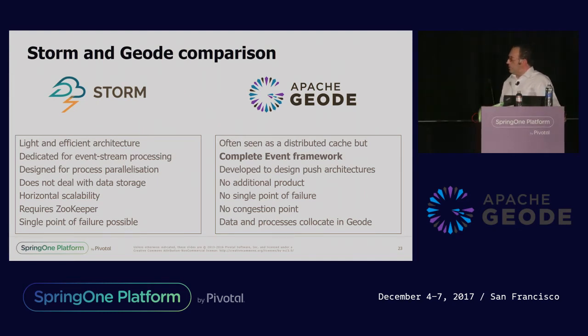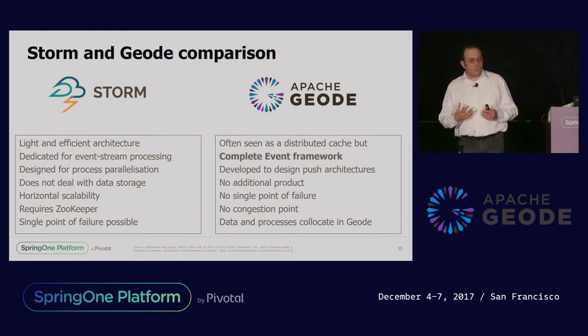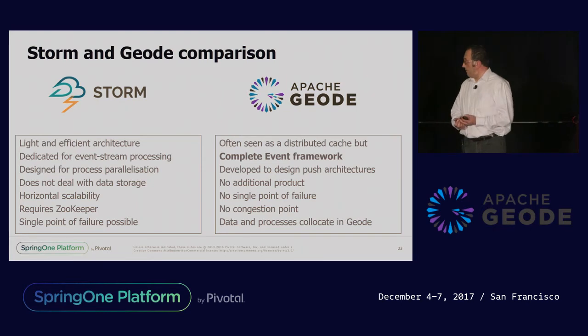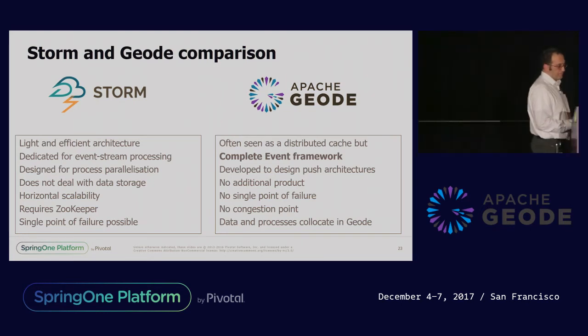Moreover, Apache Geode does not require an additional product. It has no single point of failure, no congestion point. And as an architect, one of the key points of Geode is that data and process are collocated in the same product.